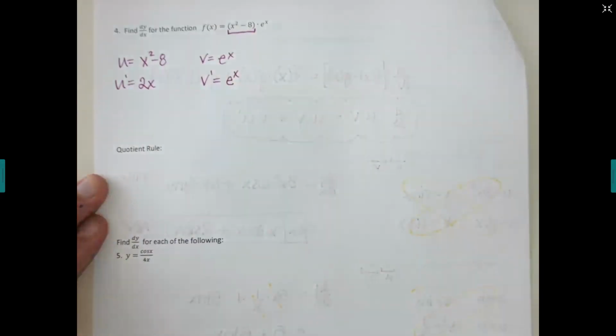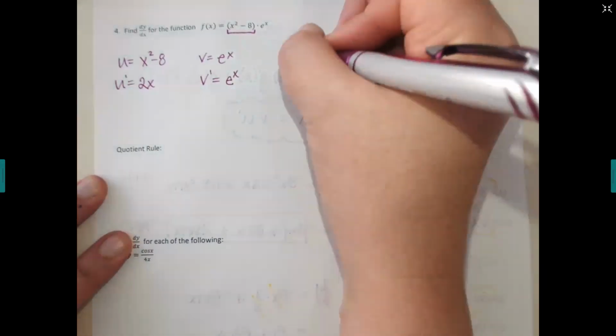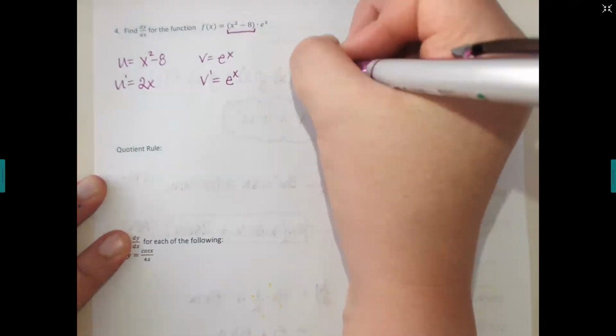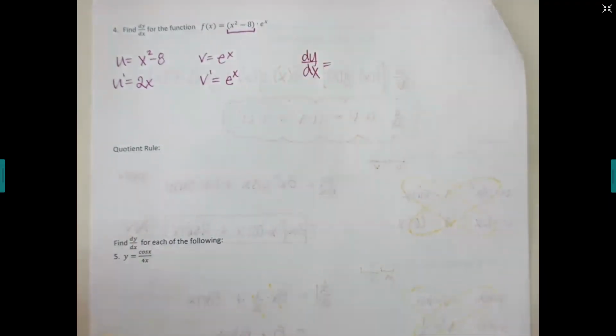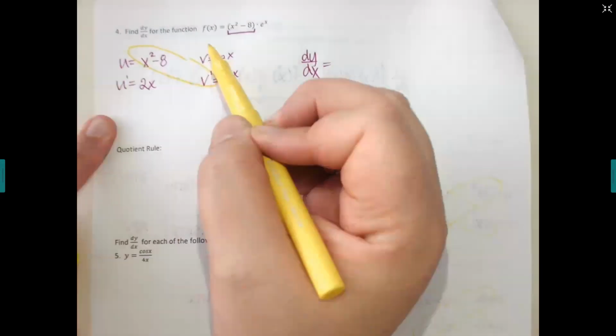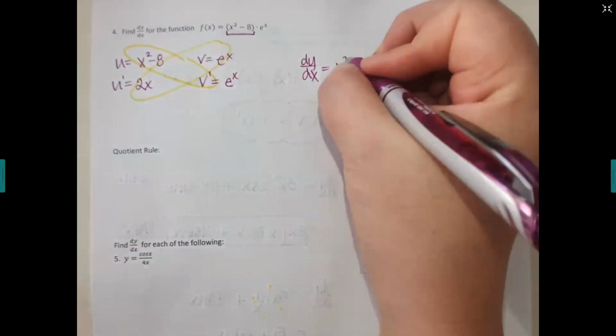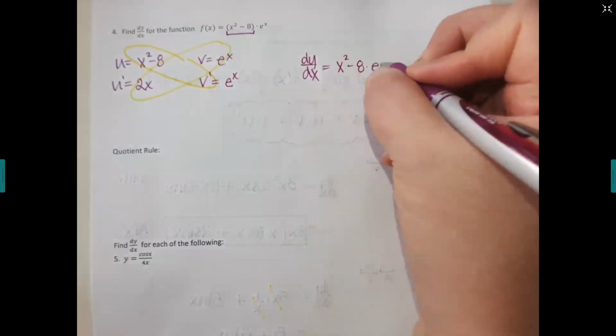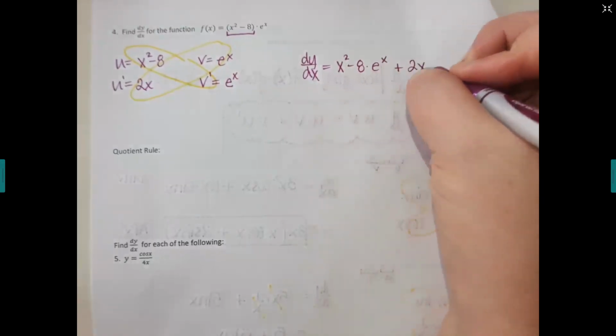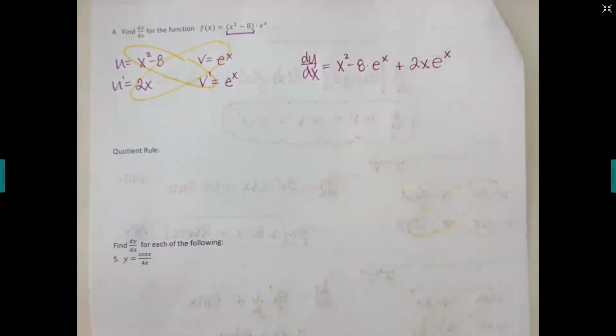Very good. Now we're ready to take our derivative. So I'm going to put dy dx equals. And then remember that it's this plus that. Okay, so it'll be x squared minus 8 e to the x plus 2x e to the x. Delta Math will count this wrong because technically it is wrong.